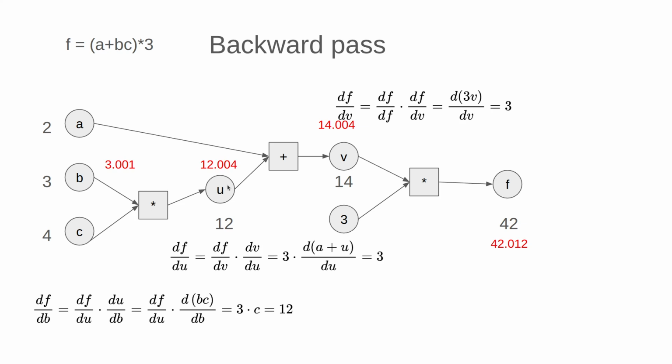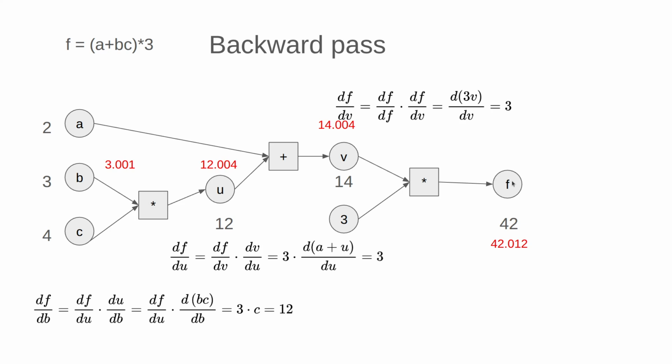So again, we will just call the backward function of the multiply function here, and paste the df of du, which is 3, into this function, and this function will do the same thing again. Okay, so you will see why this procedure is called backpropagation.